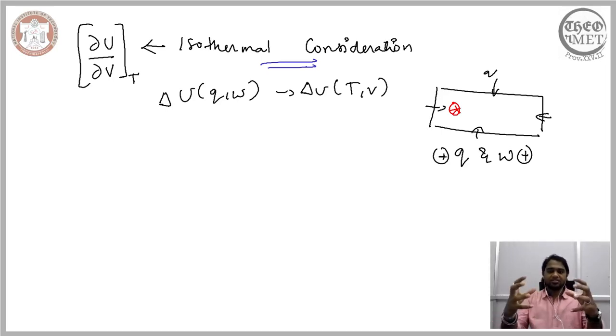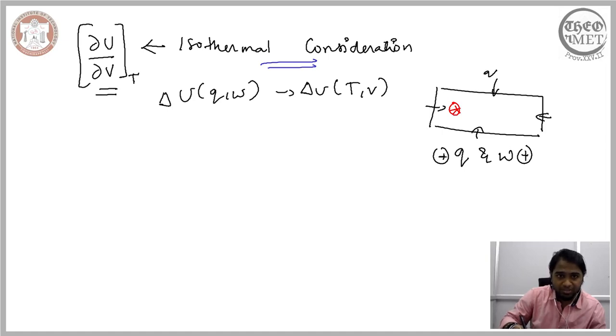Because we are considering a gaseous system, the amount of volume expansion will be considerably high, so the denominator will be considerably high, and this overall change in the internal energy with respect to the volume will be close to zero.